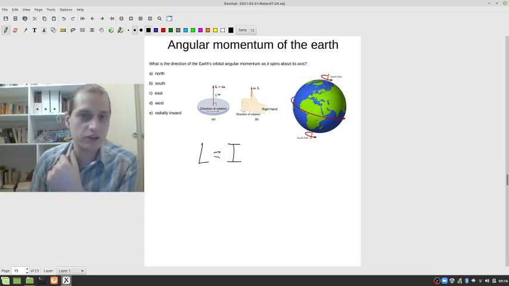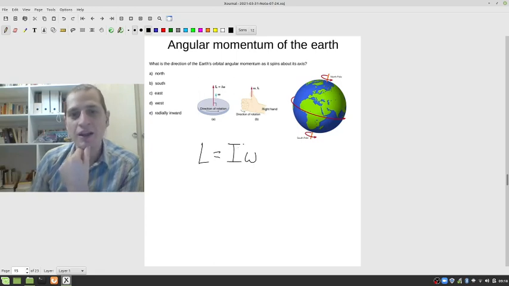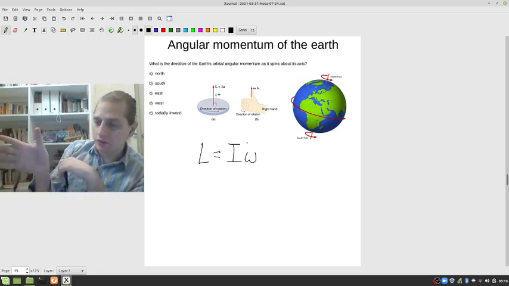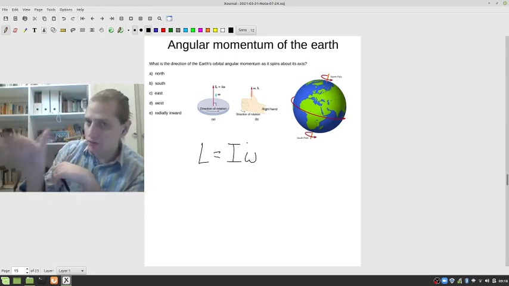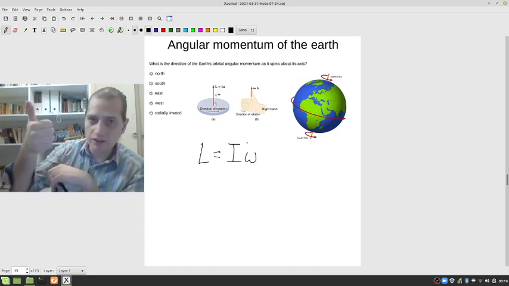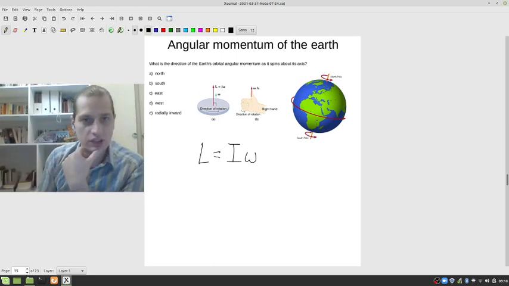That's one of the ones that you're going to have on your list. And then you would multiply it by omega, so 2 pi per 24 hours. And if you want to find the direction of it, you're going to use your right hand rule. And if I'm looking at this, it appears to be pointing north.